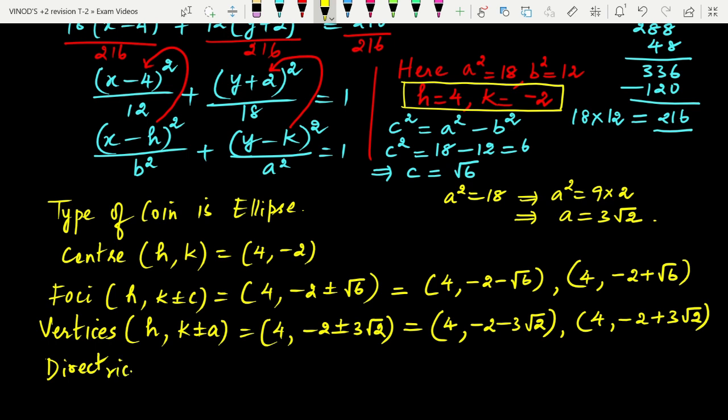Now we have to write the directrices. Because it is a vertical ellipse, y is equal to k ± a²/c.